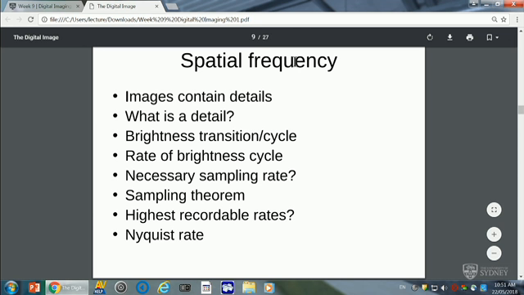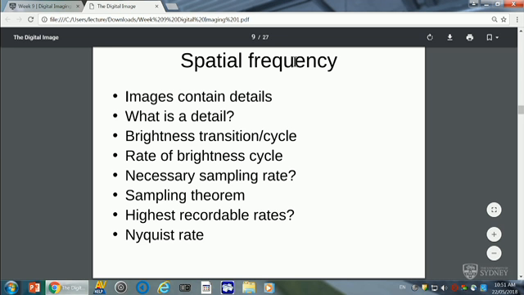The necessary sampling rate is that you've got to sample twice your spatial frequency to gather all the information. So in this situation where we have 2 details, we've got to sample twice the number of details within the image. Okay. And that's known as the sampling theorem.